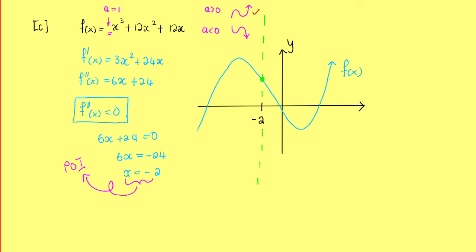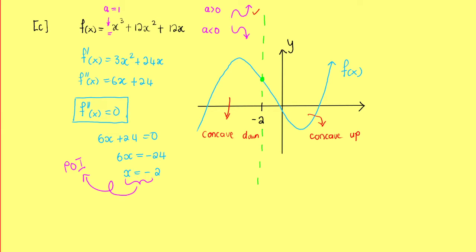From face value, we can see that for concave down, since this part is a frowny face, concave down would be here. And on this side, we have the part of the cubic which is a smiley face. This would be concave up.